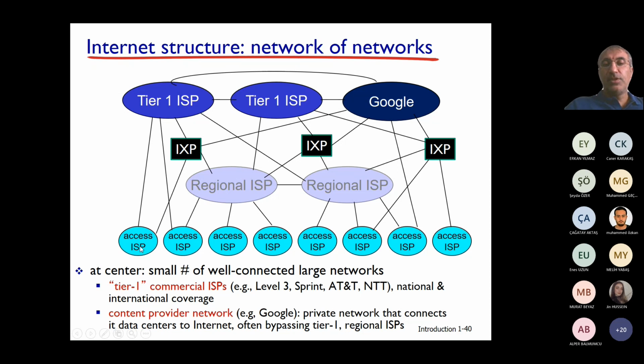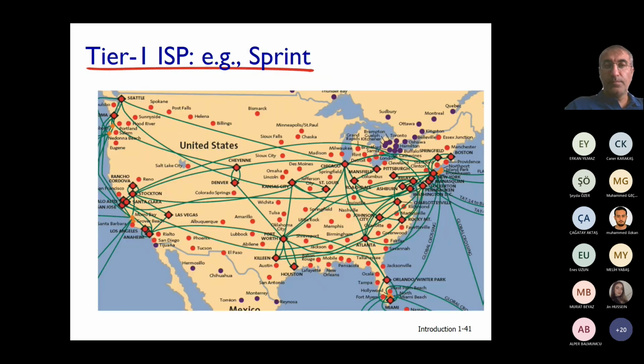And then these regional ISPs are connected to the access ISPs. So basically, we come up with a structure so that we can manage this very, very complex network around the world. These are some tier 1 ISPs from the United States, from Sprint. It's an operator in the US.